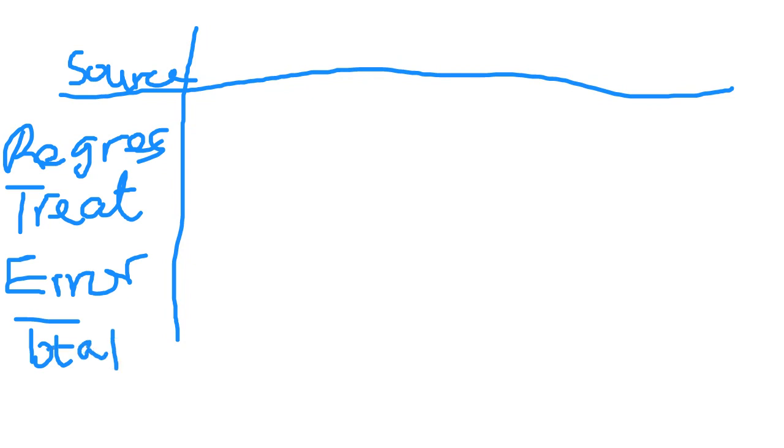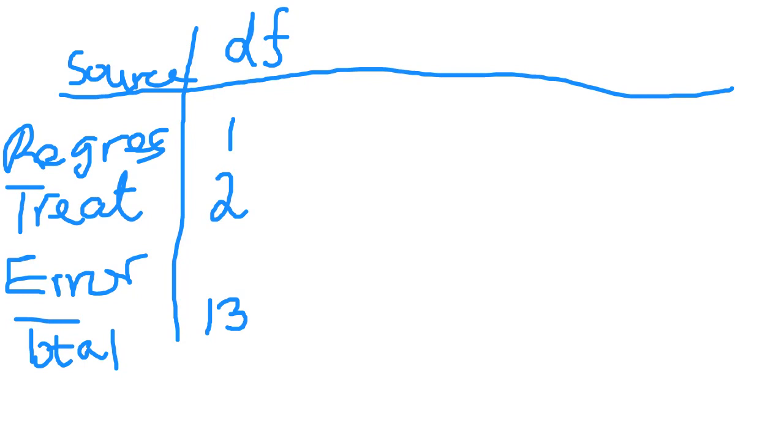Degrees of freedom of the regression, we agreed is one. Is one, right? Degrees of freedom of regression is one. Degrees of freedom of treatment is what? We agreed is two because we have three treatments. Degrees of freedom of total is RT minus 2, which will get what?